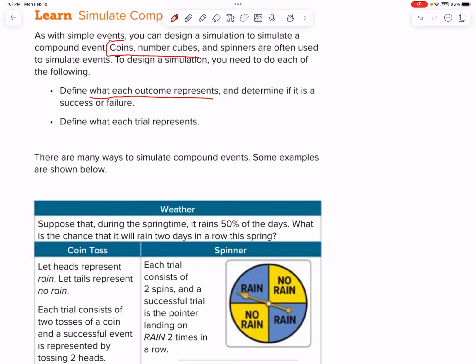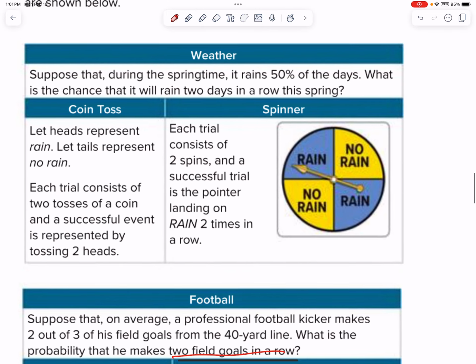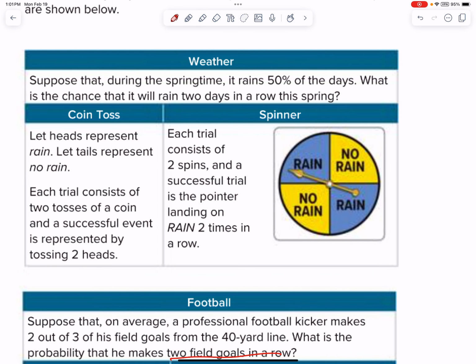So coins, number cubes, or spinners are often used. If we're dealing with a weather type event, it rains 50% of the days. What's the chance it'll rain 2 days in a row? We could use a coin to represent rain or not rain, and then go ahead and flip to carry out that experiment.